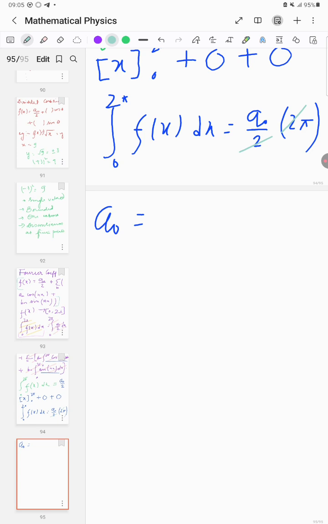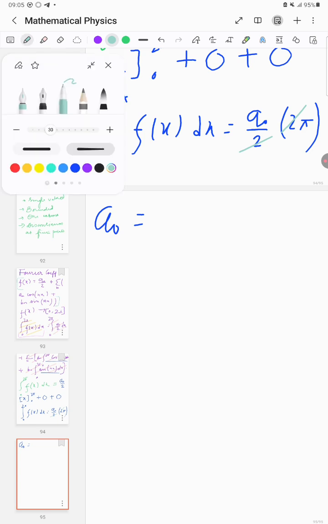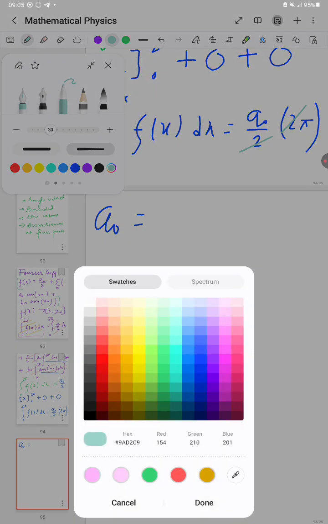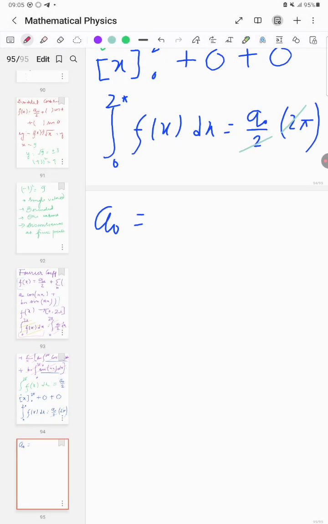So for finding a naught, we'll keep a naught on the left hand side, and we'll transfer the rest of it to the right hand side. So what will happen is 1 by 2 pi, sorry, 1 by pi, because we have already cancelled the 2. 1 by pi integration 0 to 2 pi f of x dx.